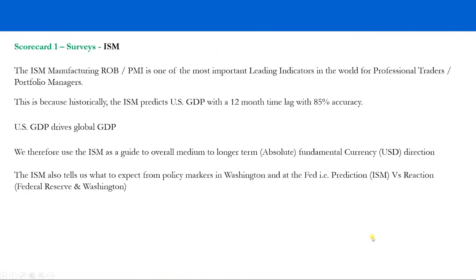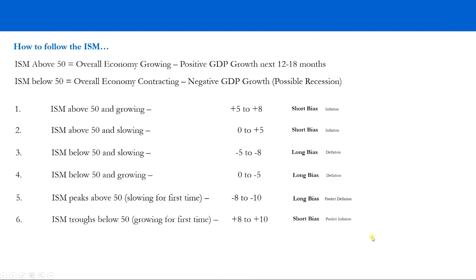Now, if we go back to the presentation, it means we can start to understand this slide a little bit better, whereby if we look at the 6 cases, we have the ISM above 50 and growing. We tend to have a short bias, but the scorecard is not extreme. So we're looking at medium to high conviction on our scorecard. So we're scoring a +5 to a +8 on the inflationary scale of 0 to +10.